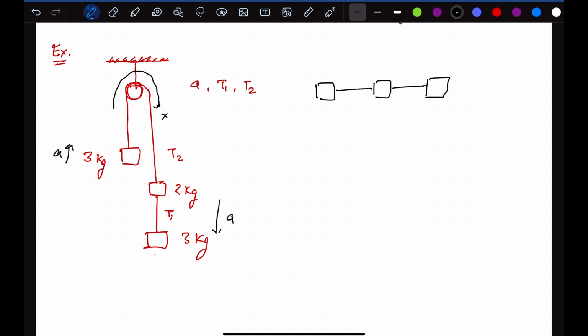Here there is a 30 Newton force in the forward direction, and since we have considered the direction of motion as positive x, this is our 30 Newton. Then on this 2 kg there is 20 Newton like this, and then there is 30 Newton in the opposite direction, isn't it? What is happening is these forces are trying to move it, but this force is trying to stop it.